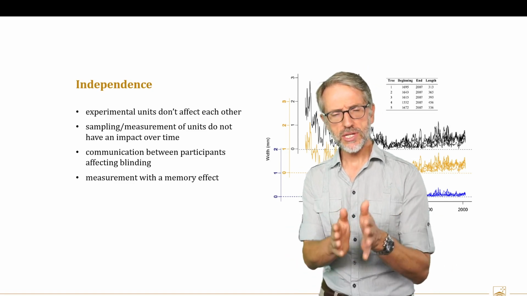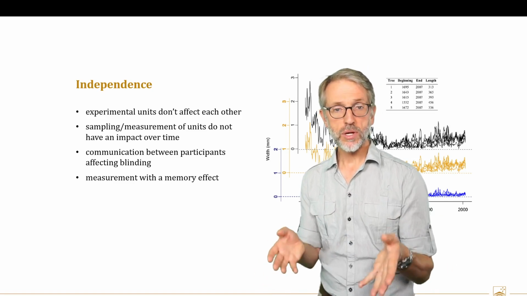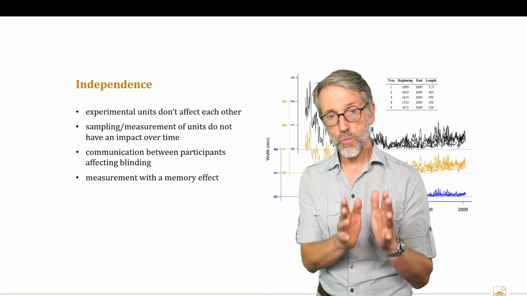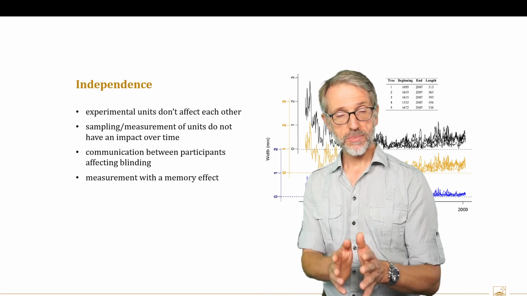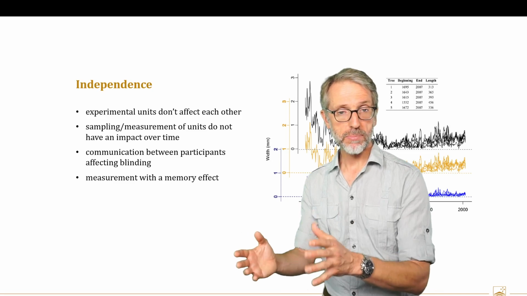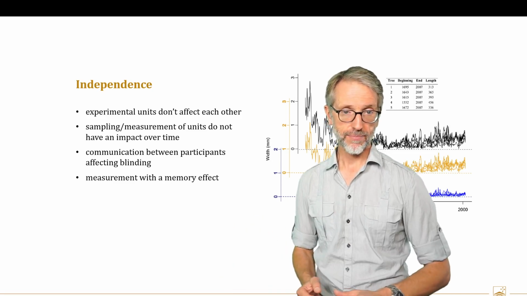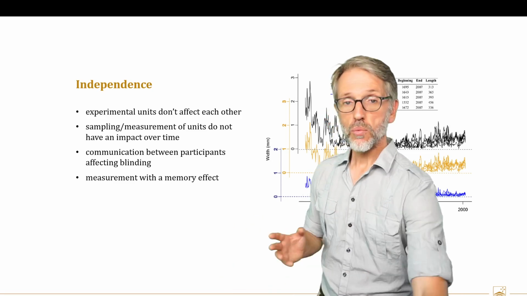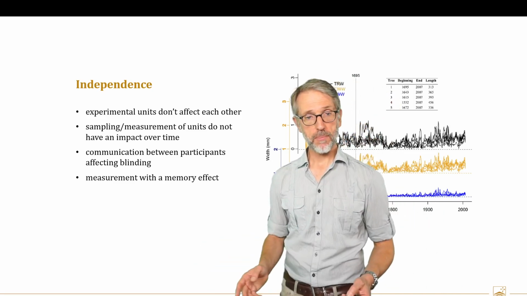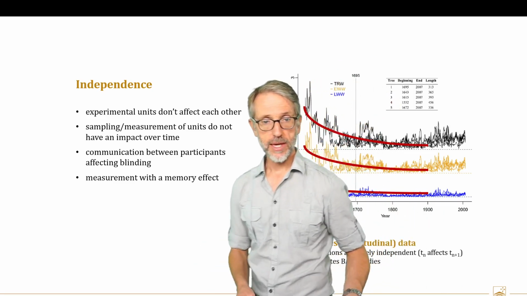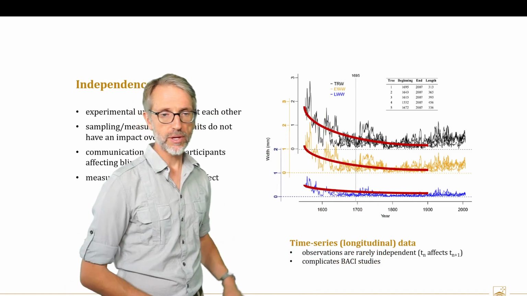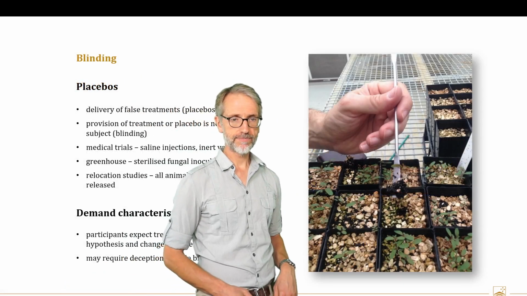When we measure things in sequence using a piece of equipment, we need to be careful about what impact previous measurements might have on our ability to measure the next thing. So watch for measurements that have a memory effect. Yeah, just some points around time series data.